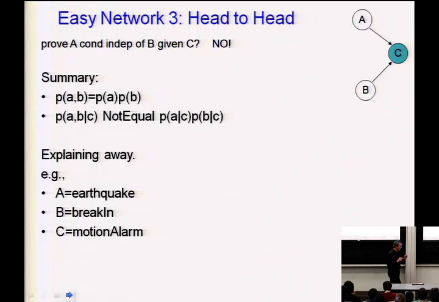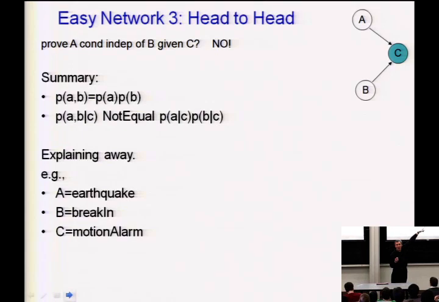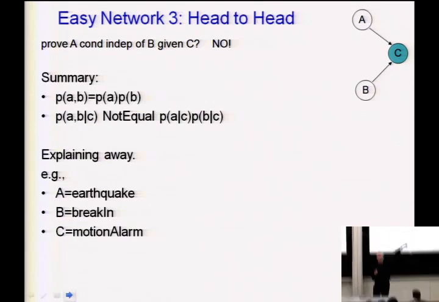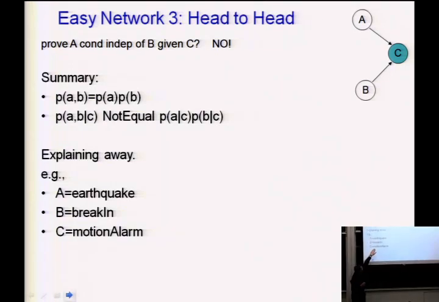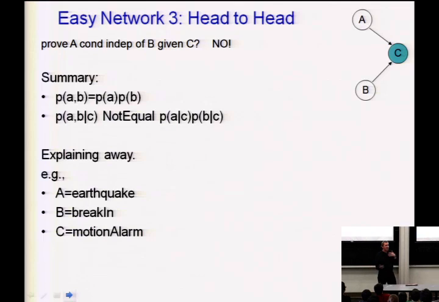Okay, so now, realistically, this is a good graph to model how we think of things. The motion alarm certainly depends on if there's an earthquake or not. If there's an earthquake, it's going to set off the motion alarm. If there's a break-in, that could also set off the motion alarm.